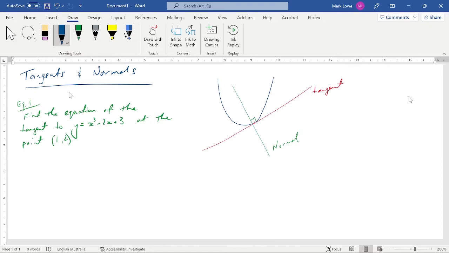So our first step is to find dy/dx. So the derivative, by differentiating x cubed minus 2x plus 3, will be 3x squared minus 2. So that is our gradient function.